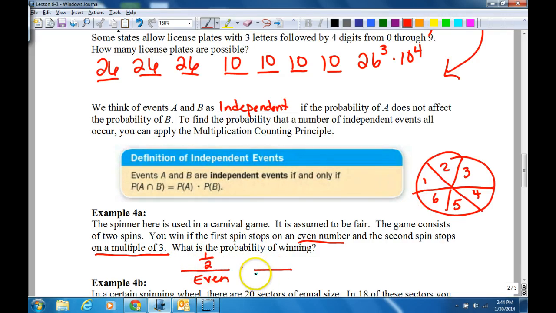And what is the probability of landing on a multiple of 3? Yep. We have 3 and 6, so that'd be 2 out of 6. So what I'm going to do now at this point is multiply straight across. 2 times 1 is what? And 2 times 6. And then I can reduce that to 1/6.